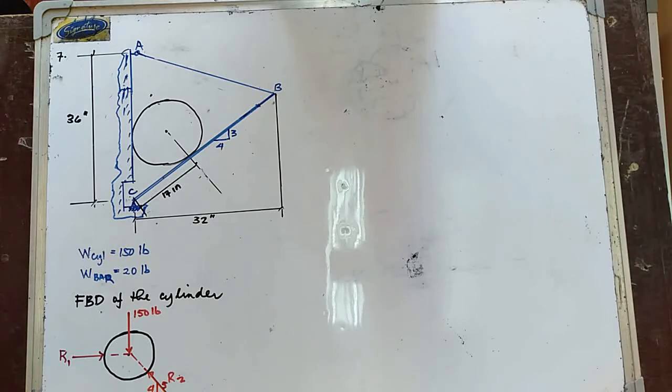Let's try to determine the components of R2. So we have R2 horizontal, and this one is your R2 vertical.